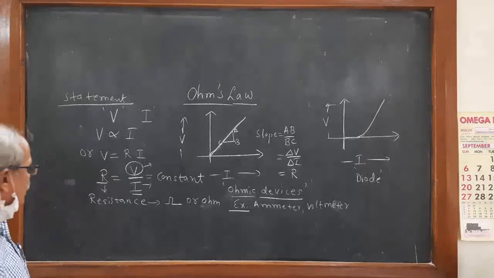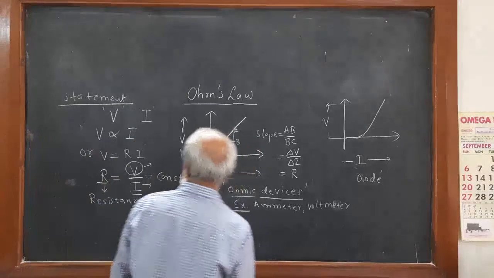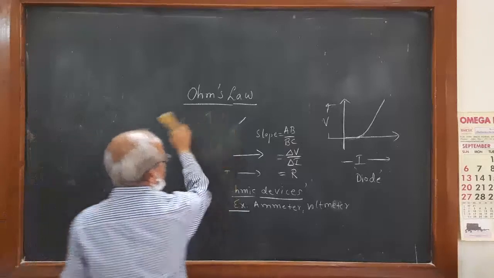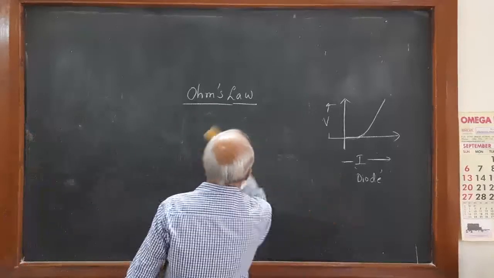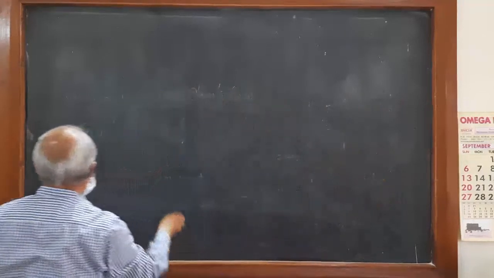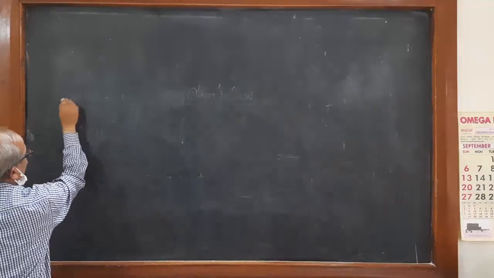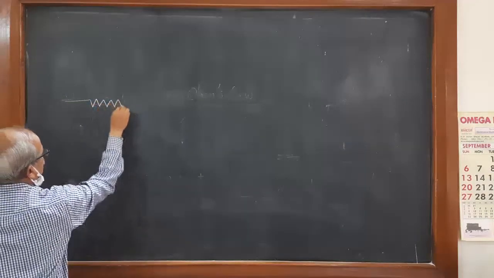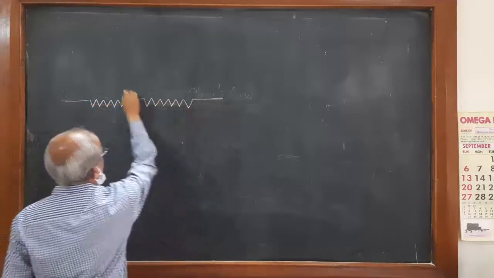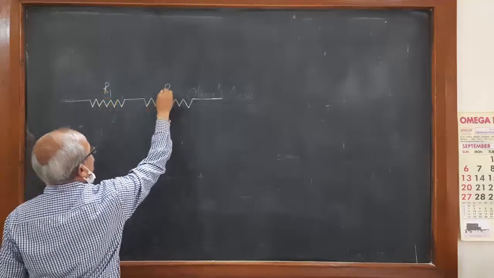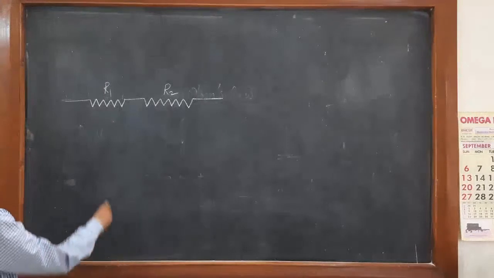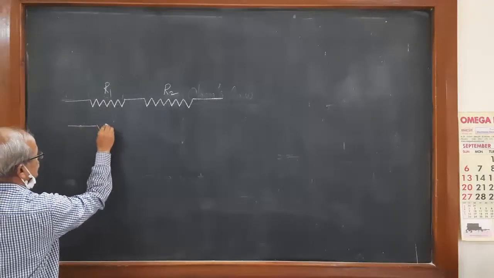Already in the previous class I told you about resistances. There is combination of resistances. Suppose there are two resistances connected in series, R1 and R2. Then the equivalent resistance is RS.